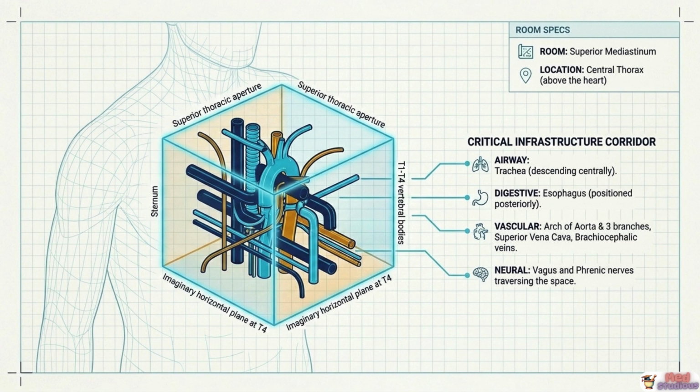It also contains massive vascular highways, including the arch of the aorta and its 3 branches, the superior vena cava, and brachiocephalic veins. Finally, neural infrastructure runs through this corridor, specifically the vagus and phrenic nerves traversing the space. Any trauma to this dense real estate is immediately life-threatening.